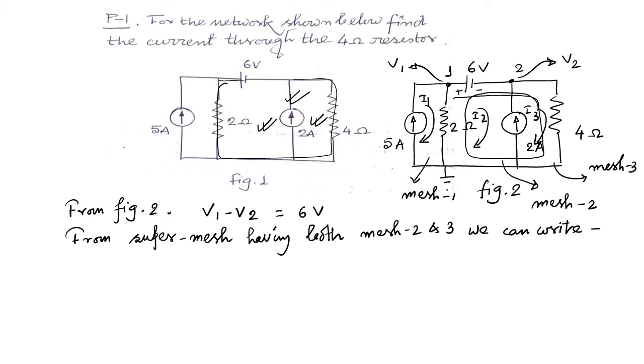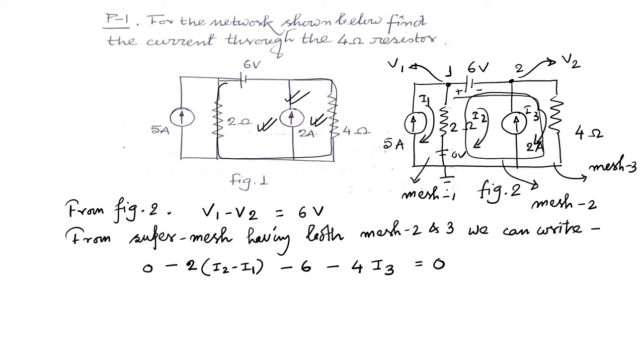Now for the super mesh, what will be the KVL equation? Starting with 0, we can write 0 minus 2 into (I2 minus I1) minus 6, and finally minus 4 into I3 equal to 0.